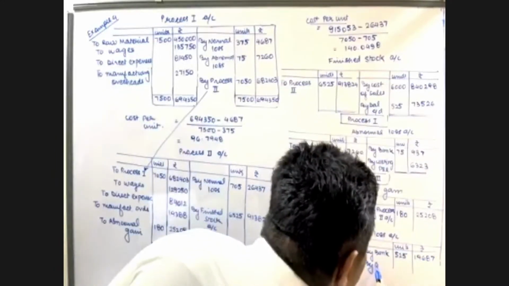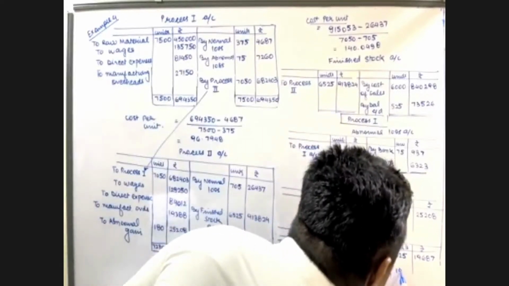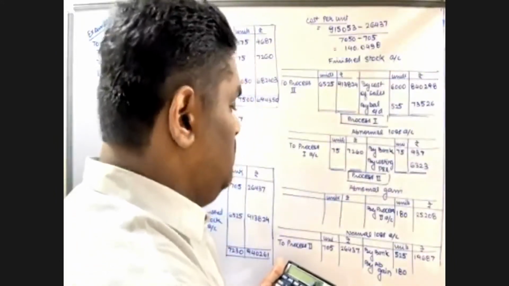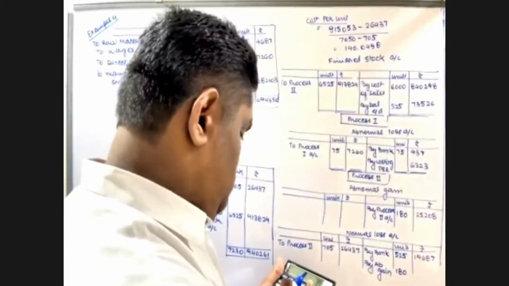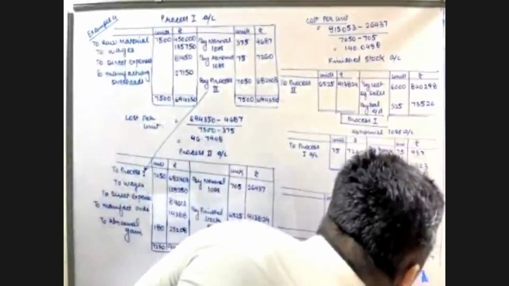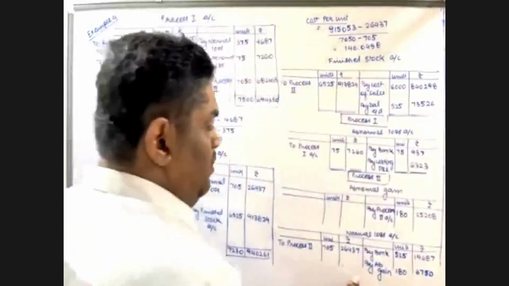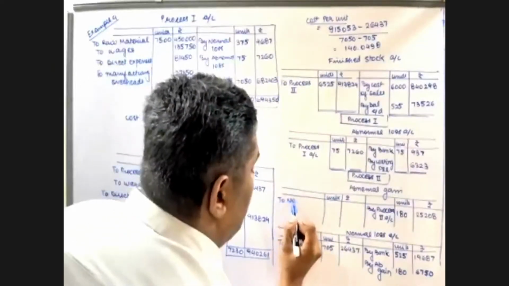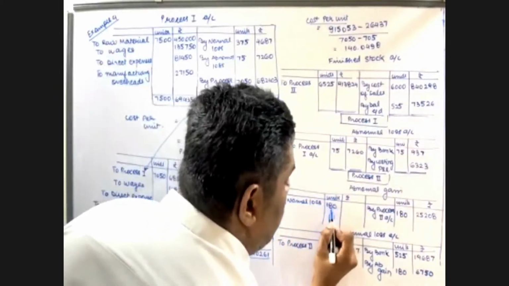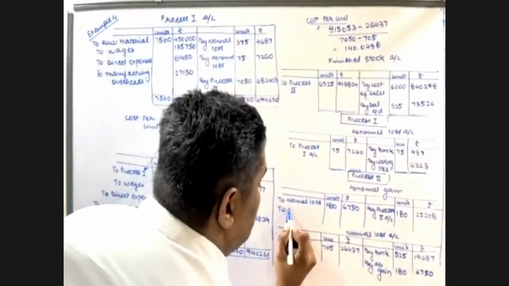Balance will be adjusted against abnormal gain. And my abnormal gain is how much? 180 units. So to normal loss. Balance will be transferred to costing.